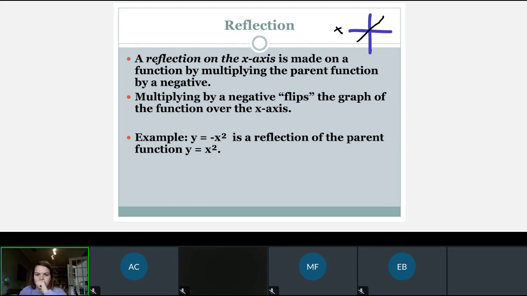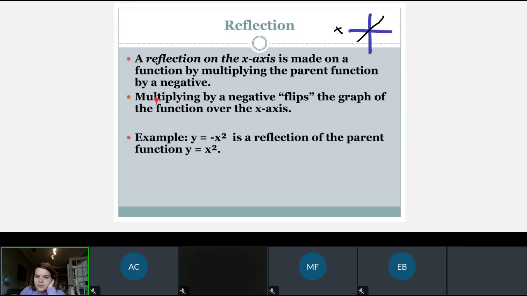Whenever we do a reflection on the x-axis, we multiply by a negative number. So we're going to take this black line and flip it over the horizontal x-axis.